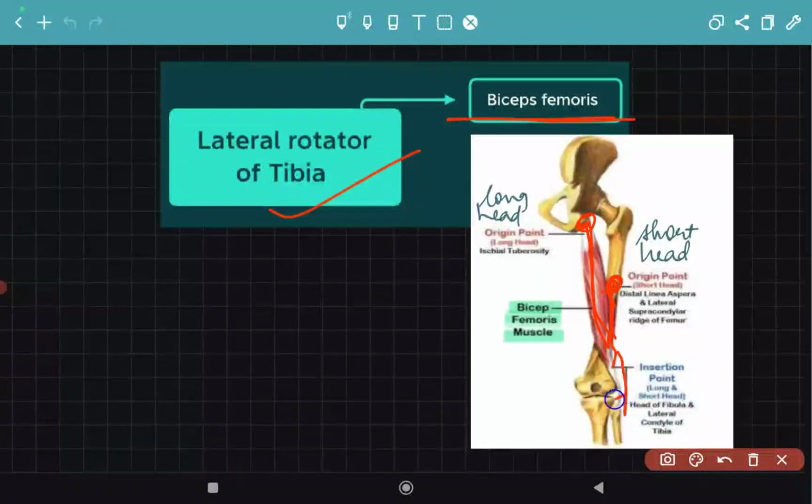Both of these insert to the head of fibula. They are lateral rotators of tibia. Also in position they are lateral. If we check the back of the thigh, they are placed more laterally and also act as lateral rotators of tibia.